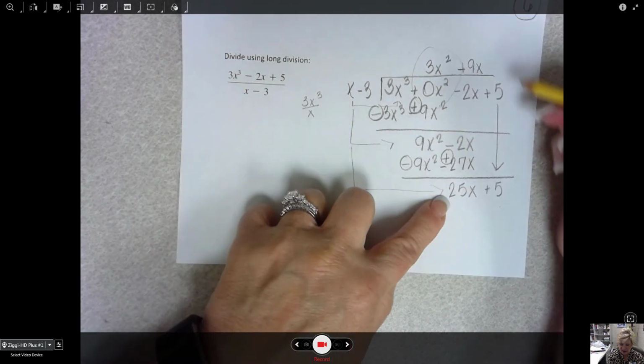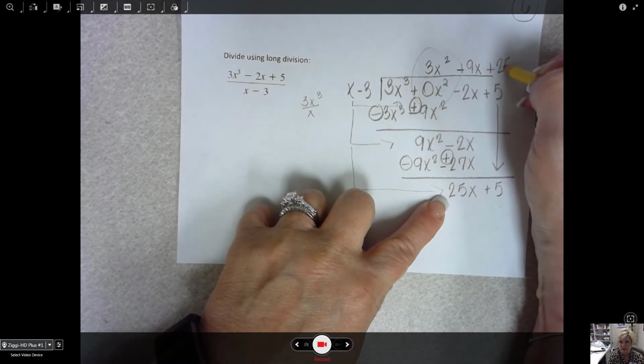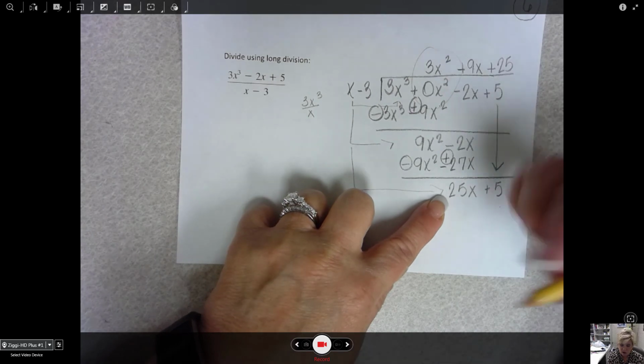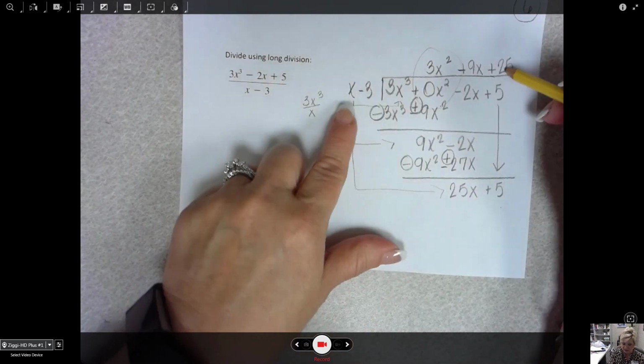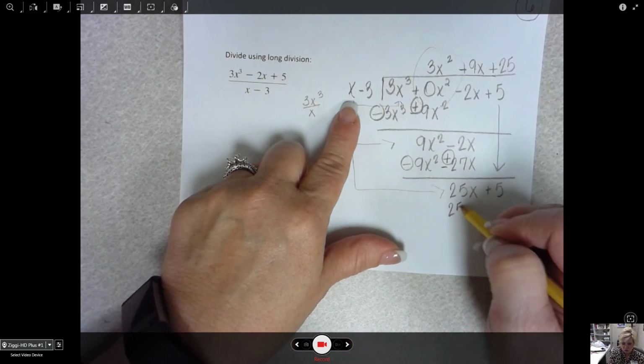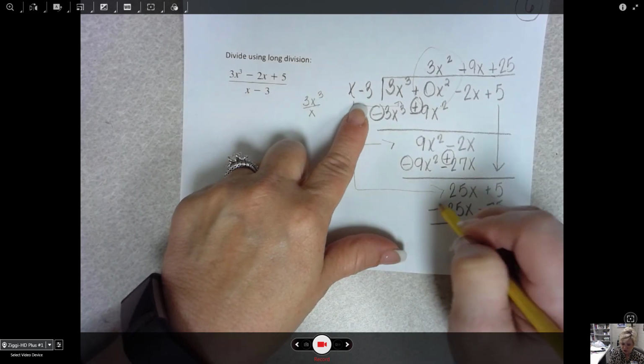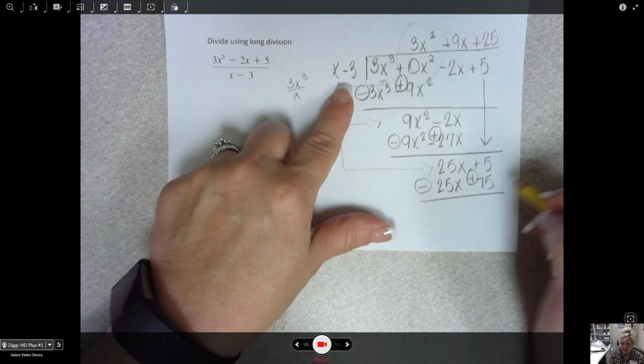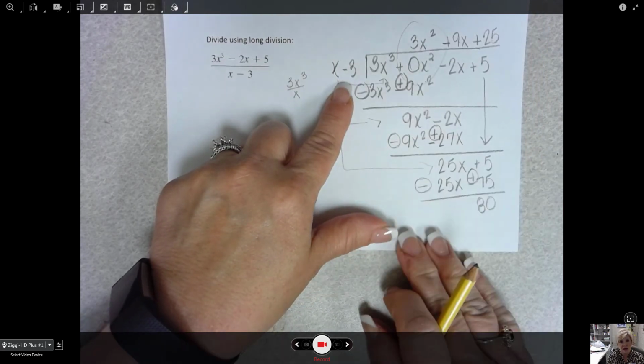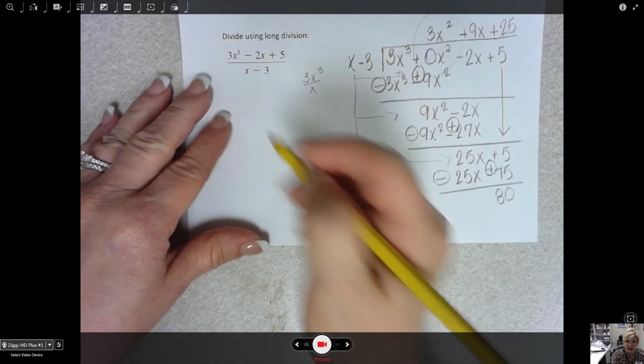X into 25x would be 25. It's a constant. We place that over our constant. 25 times x, 25 times negative 3. Change our signs, and we end up with a remainder of 80. And we're done.